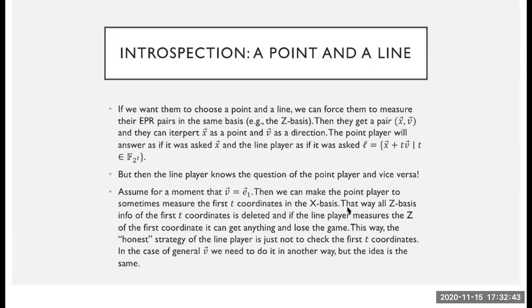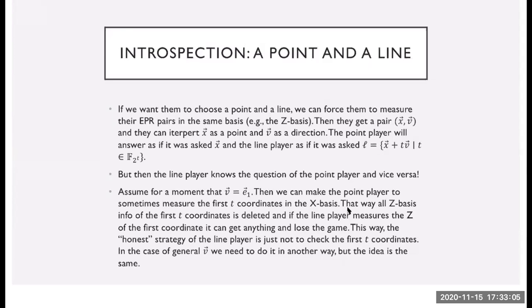Okay, so this is an example, a very simple situation in which you can hide the point from the line player. Then the line player will lose all information about the first T qubits according to the Z basis, and he will genuinely only know the line and will not know the point.